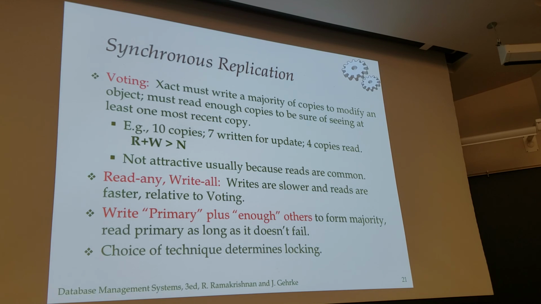Details I'm not going to go into, but basically the technique says I only read from the primary, and I write to the primary plus enough others to make a majority. So in my case where N equals 5, I'll write to the primary plus 2 others. That will all work, and even if the primary fails, things will be successful as long as I can elect a new primary, although setting up a new primary so it has the current data is a pain. There are lots of different variations of that.